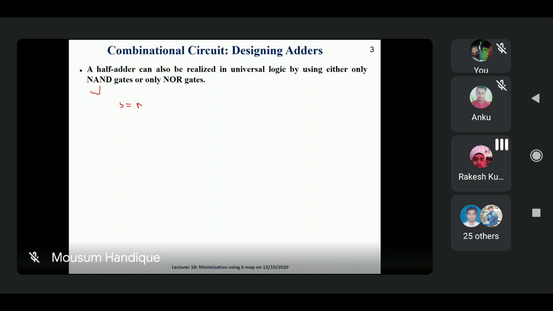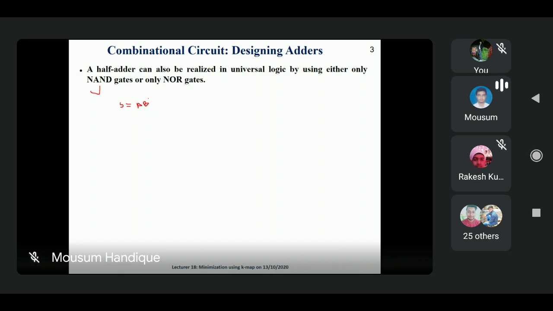Sir, S equals A B bar plus A bar B. The expression is not only one fixed answer; different types of answers come from that particular expression.